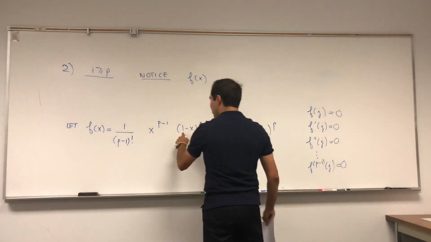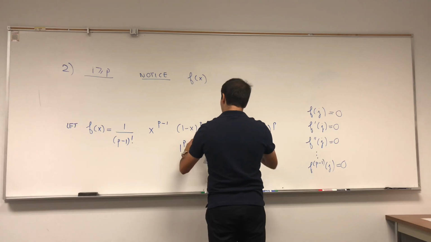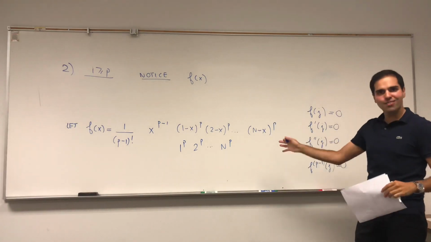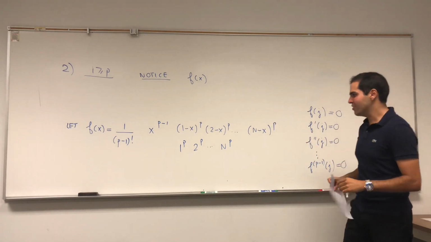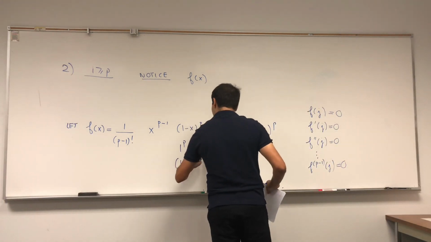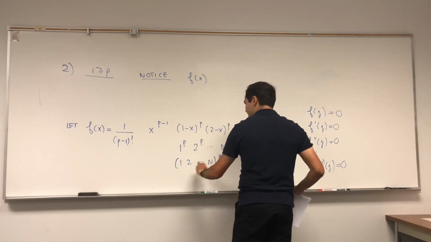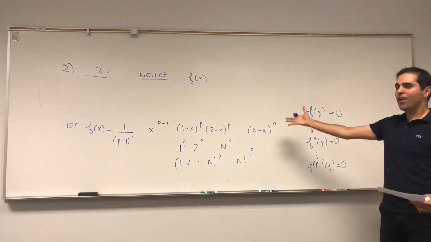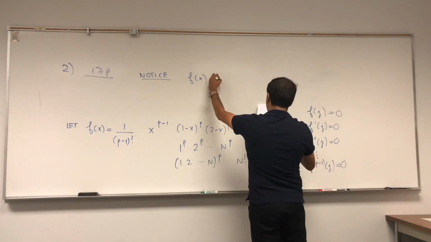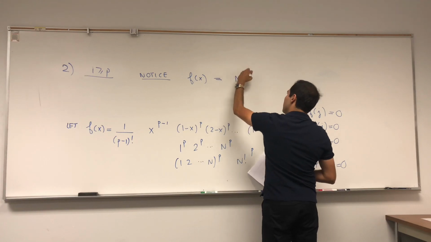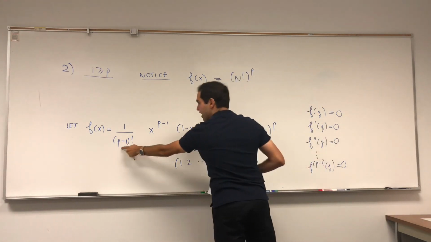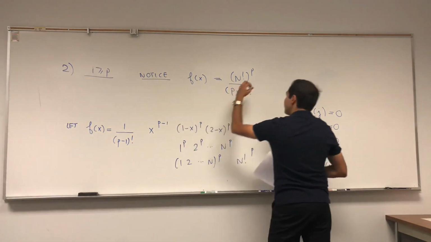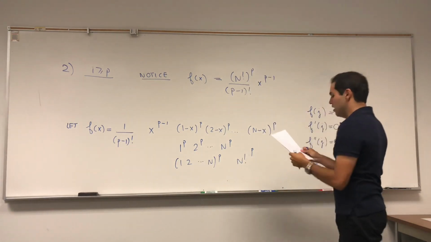You get 1 to the p, 2 to the p, etc., up to n to the p. We want the smallest term, so let's forget about the x for a second. This becomes 1 times 2 up to n, to the p, which is n factorial to the p. So if you FOIL out f, the lowest order term is n factorial to the p, divided by p minus 1 factorial, times x to the p minus 1.